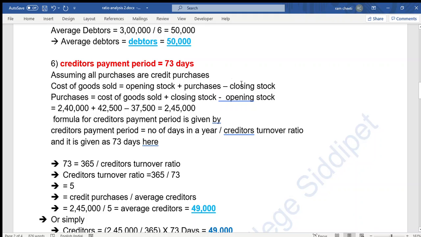So this is the equation. I have rewritten this equation to find out this purchase amount, because we know the cost of goods sold we calculated earlier, and we know closing stock and opening stock. So simply we got that by altering this equation into this equation.